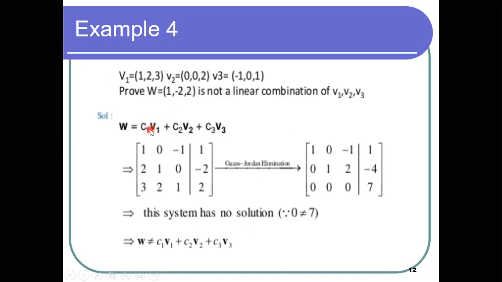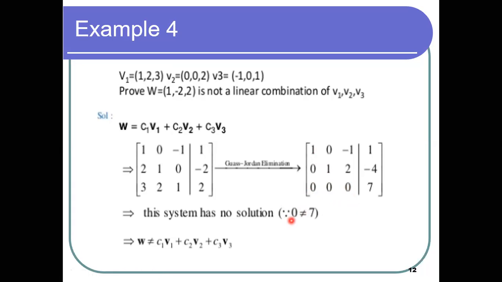If we transform this into an augmented matrix and reduce this system into echelon form, ultimately our last row is zero on the left, which means the system is inconsistent with respect to Ci, because it has C1, C2 values, but C3 does not exist here.